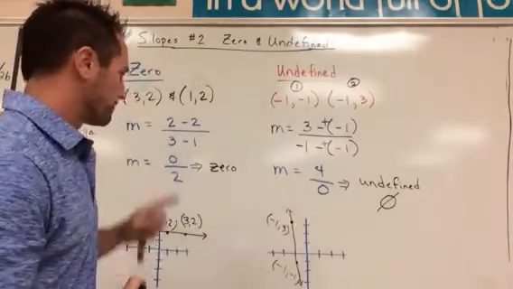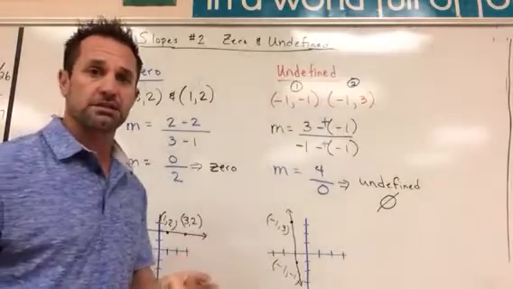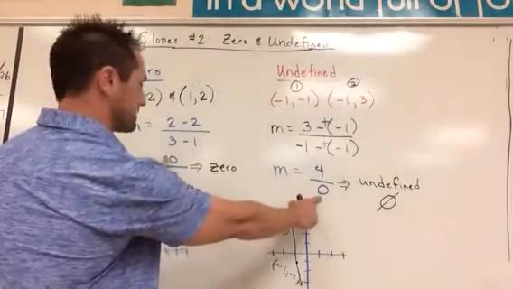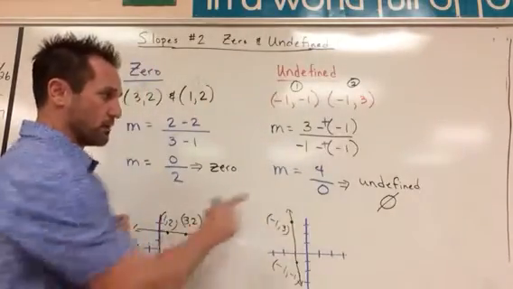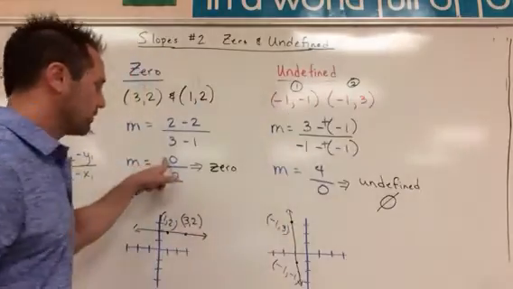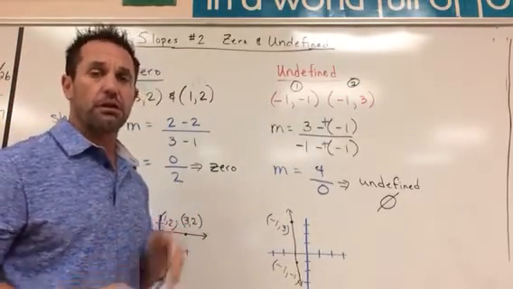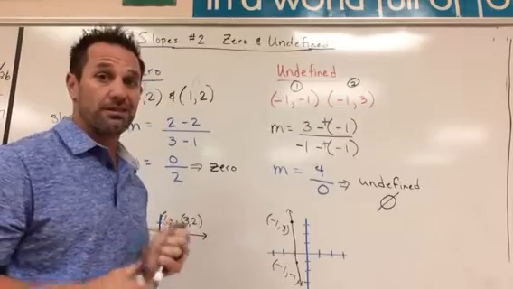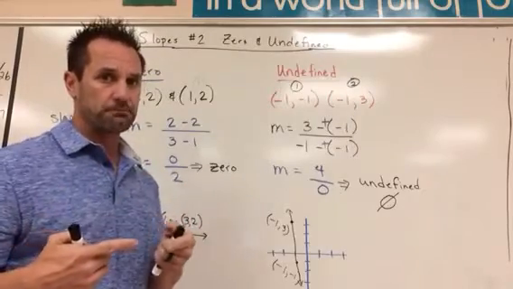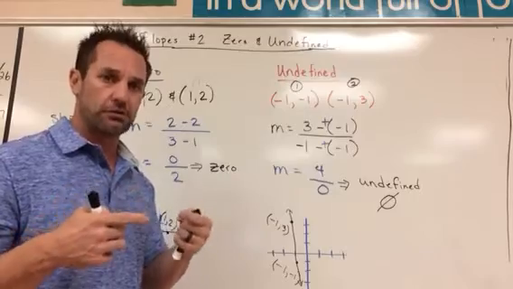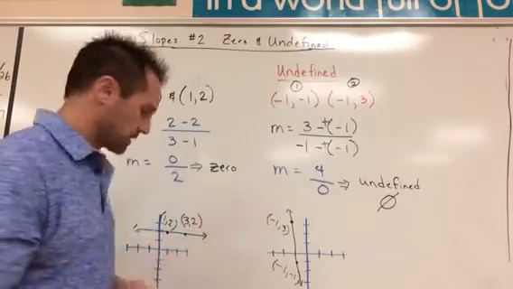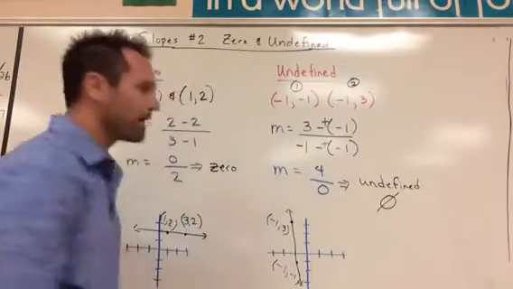Okay? Now, so let's go back to the similarities. They both have a 0 in the slope. One is in the denominator, one is in the numerator. Oftentimes people get confused. They remember that if a 0 is in the slope, that it's either 0 or undefined, but they forget and they get confused. I had a student a couple years ago who came up with a great idea.